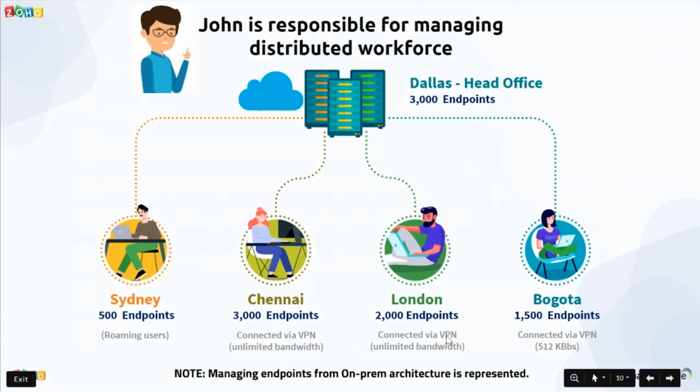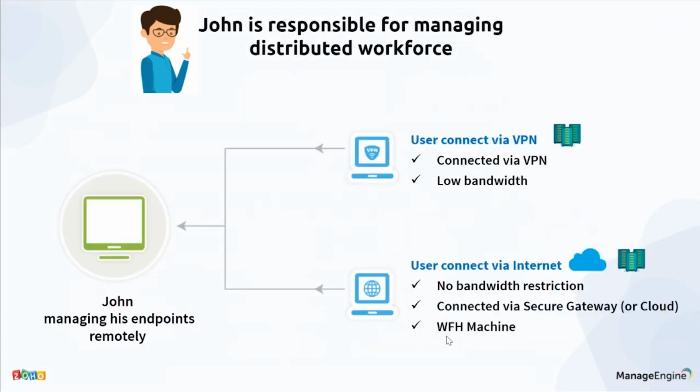So the IT team has to figure out ways to test the newly released patches, deploy them periodically to all the endpoints, and overall monitor and secure these endpoints. John needs to enable, manage, and secure work from home devices for 2 major types of users: users who connect to the Desktop Central server using the VPN, and users who connect over the internet, the roaming users.